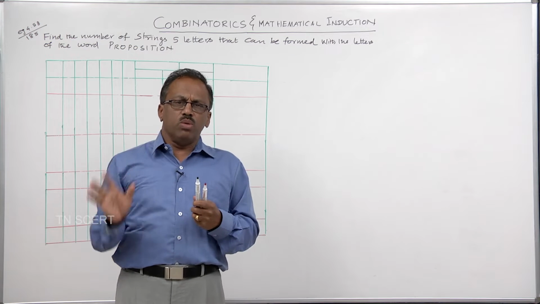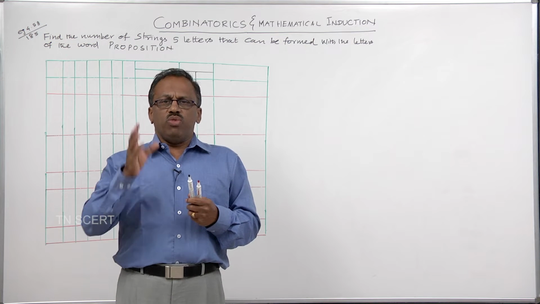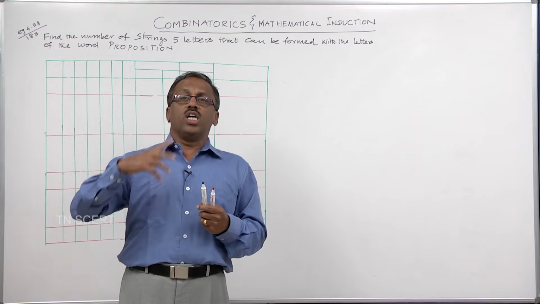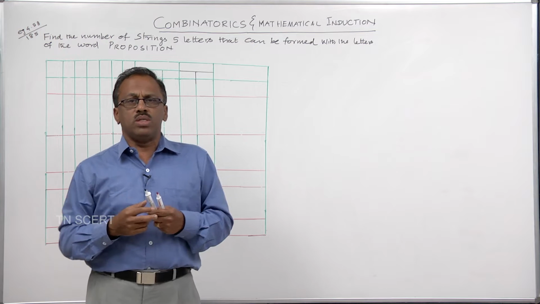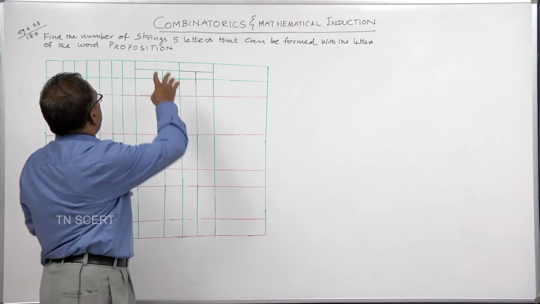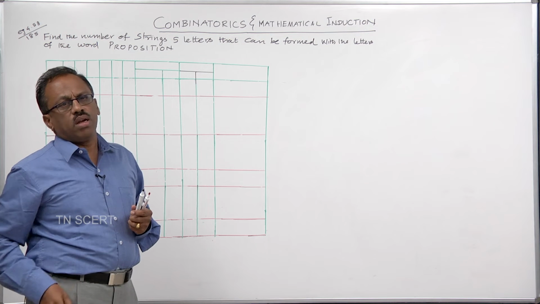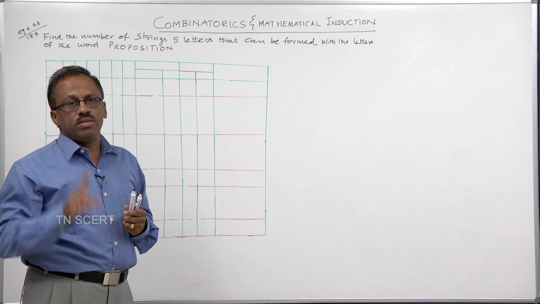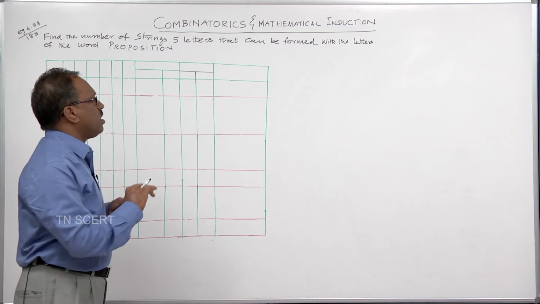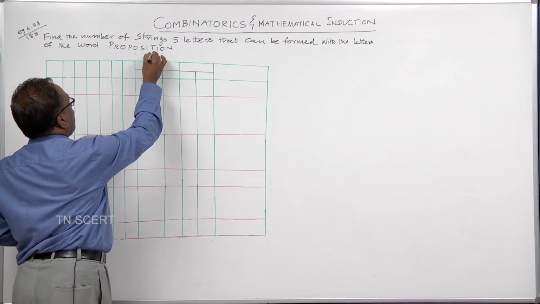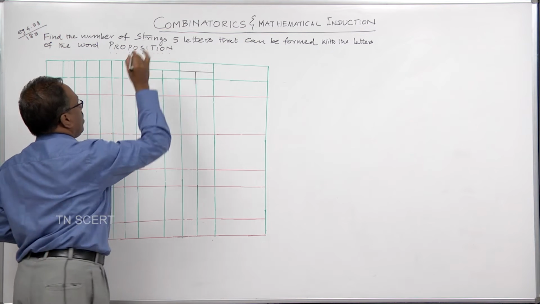Without meanings, if you want to frame the words, what are the possible ways we can frame them with the help of the letters of "preposition"? How many letters are there in preposition? 11. Total number of letters are 1, 2, 3, 4, 5, 6, 7, 8, 9, 10, 11.